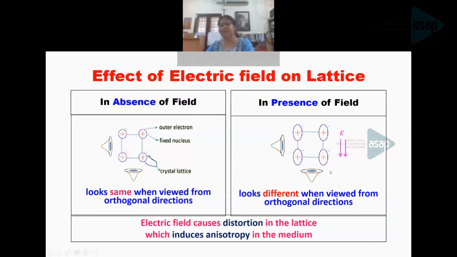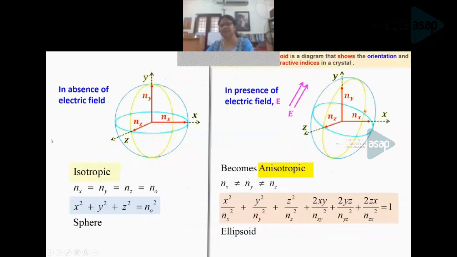Okay, here is the index diagram. Again, this is in the absence of electric field, and this is in the presence of electric field. So in the absence of electric field, for an isotropic medium, this is the index diagram. Index diagram is the diagram that shows the orientation and magnitude of refractive indices in the crystal. So here in the isotropic crystal, it is spherical in structure.